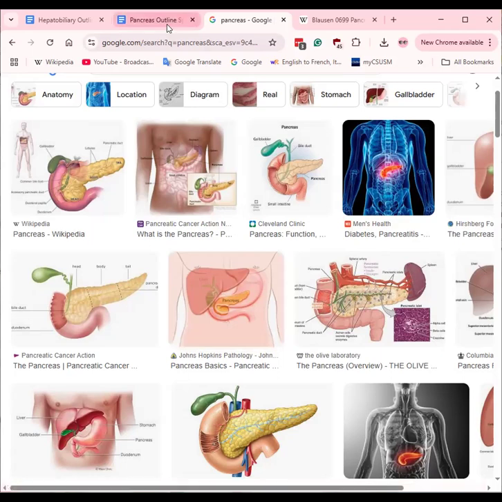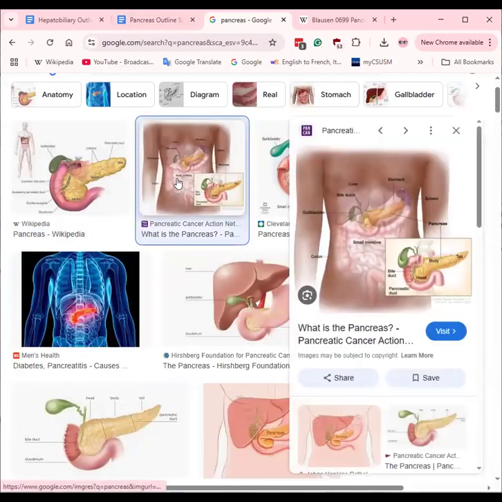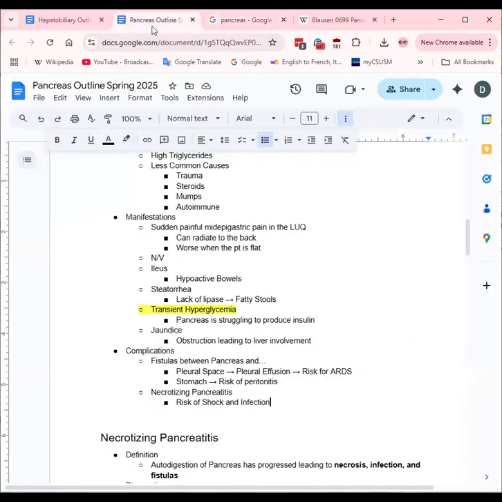Some of the fistulas that can be created are between the pancreas and the pleural space, which is the space that surrounds the lungs. They're not the closest thing together, but from this point right here, the lungs are right here, and they can be a little bit close to where the pleural space is. And remember, your lungs expand, so through that expansion, it gets closer to the pancreas.